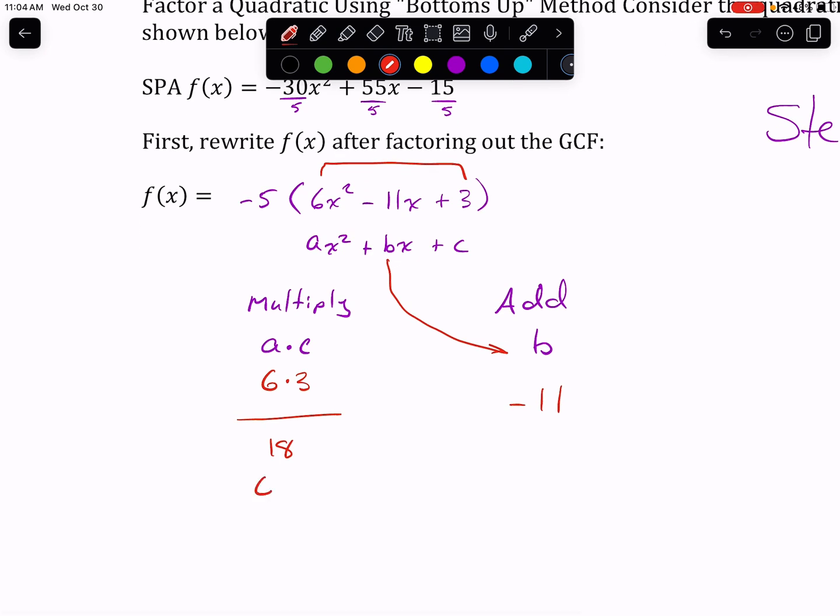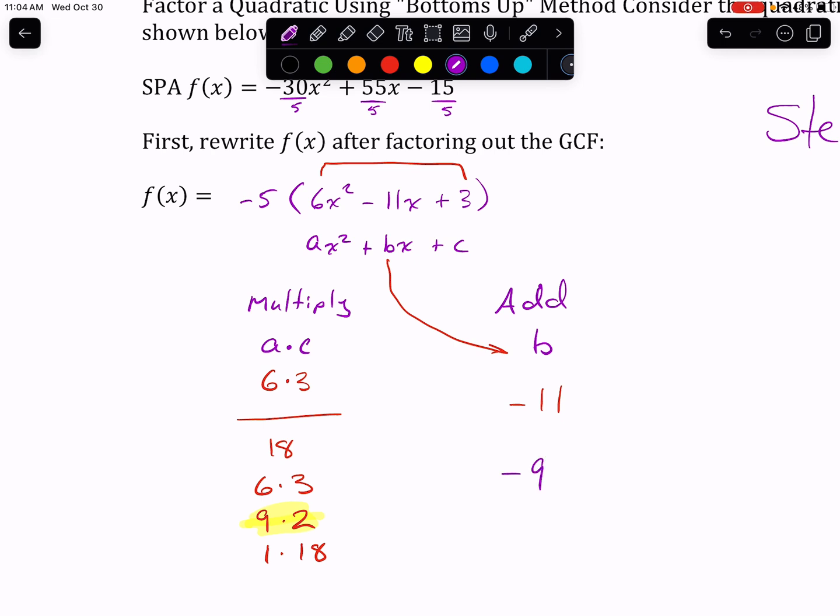Well, obviously 6 and 3 are factors of 18. 9 times 2, or 1 times 18. I try to find two of them that will add up to negative 11 if I get the signs just right. Hopefully you came to the conclusion it was 9 and 2. The signs need to both be negative in order for these to add up to negative 11.